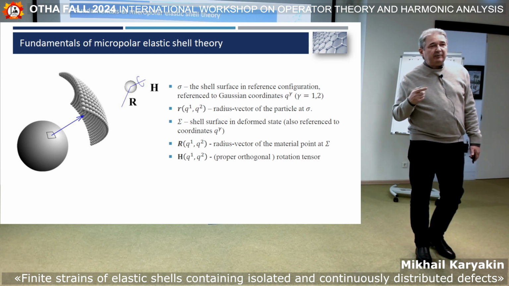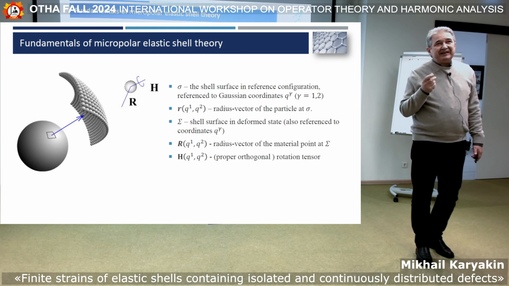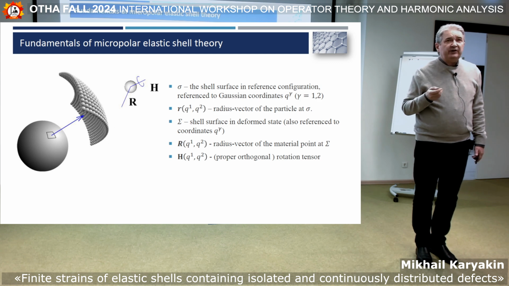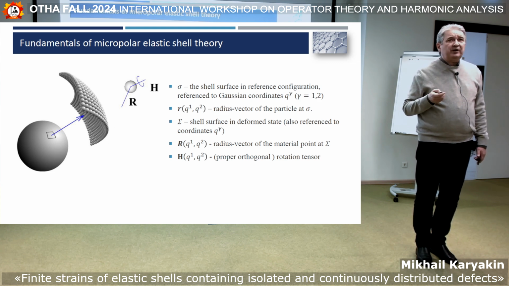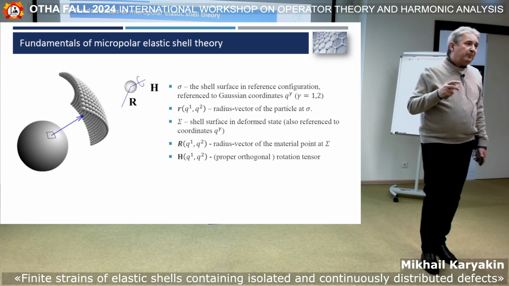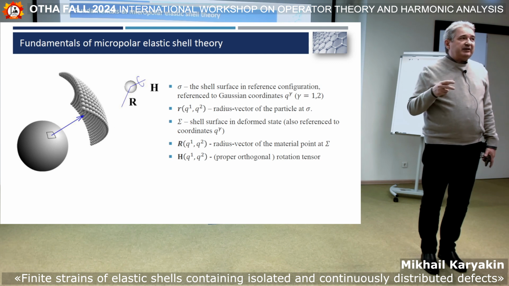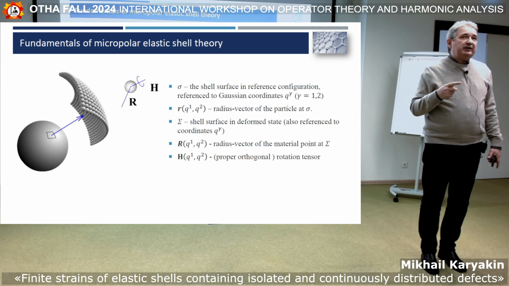At the same time, every point behaves as a solid ball, so it has its own rotation degrees of freedom, and the rotation can be described by a proper orthogonal tensor or 3×3 matrix. That matrix, and this is important, is independent of R.